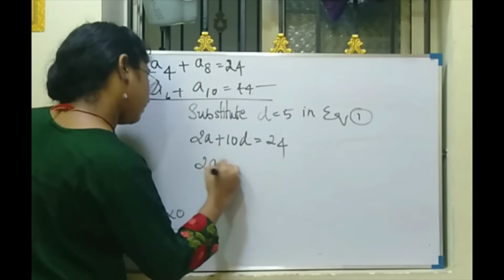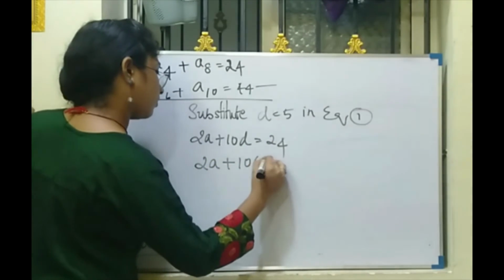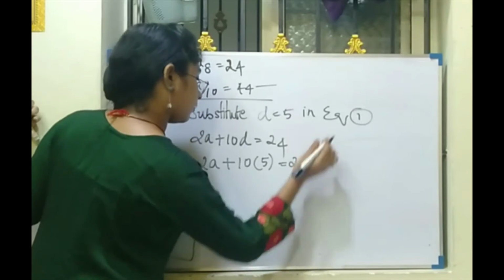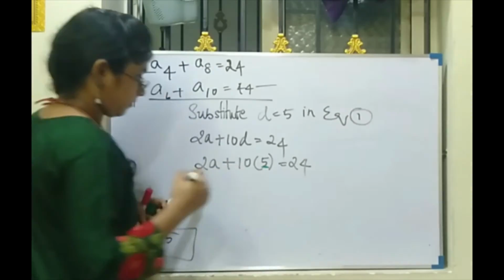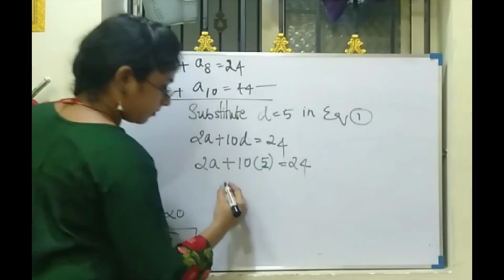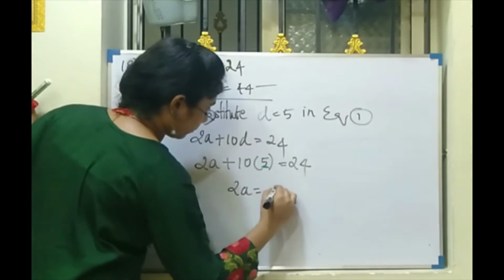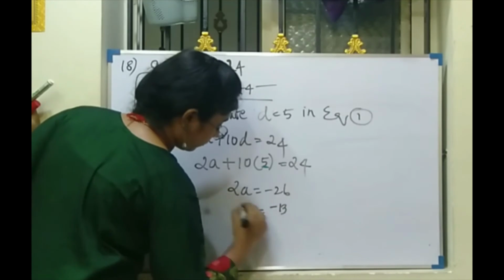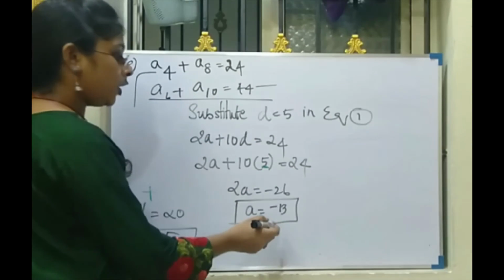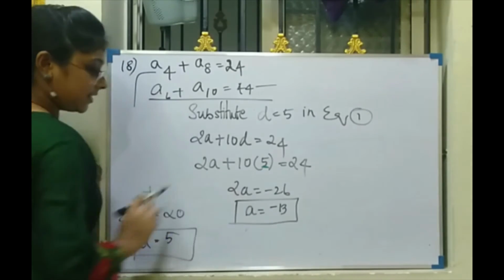So here, the value of A is equal to minus 13.